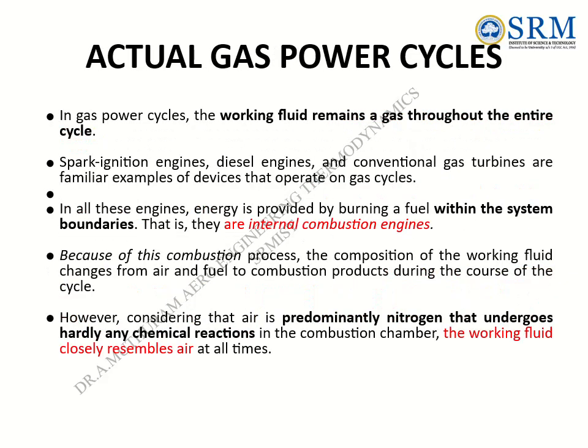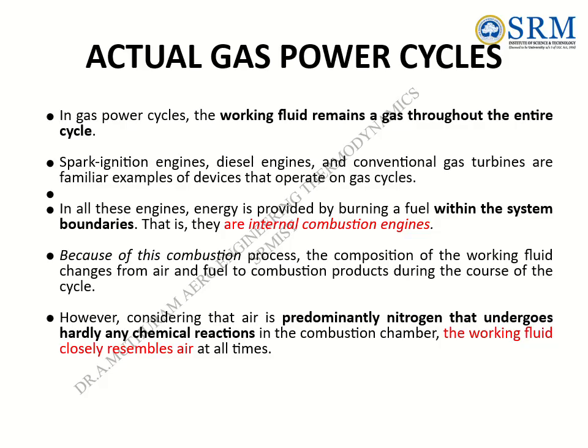In actual gas power cycles, the working fluid remains a gas throughout the entire cycle. Spark ignition engines, diesel engines, and conventional gas turbines are familiar examples of devices that operate on gas cycles. In all these engines, energy is provided by burning a fuel within the system boundaries.